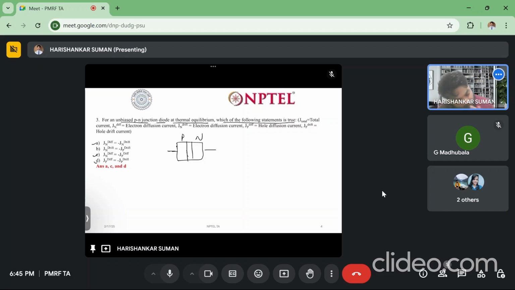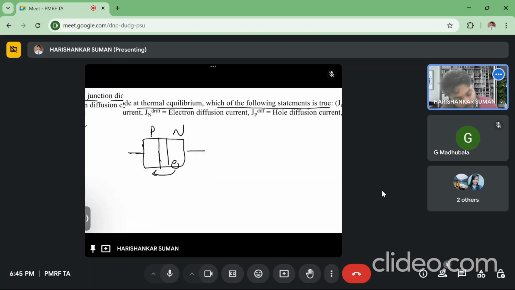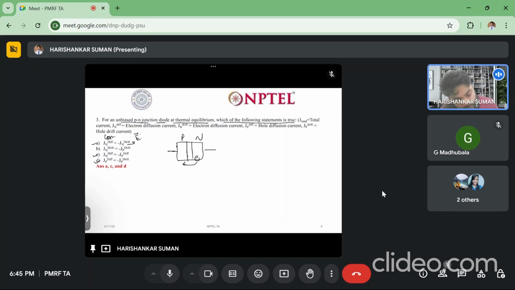Drift and diffusion. Due to the concentration gradient, there is diffusion, and drift is due to the electric field. From the N side, let's say an electron diffuses from the N side to the P side, and what about drift?